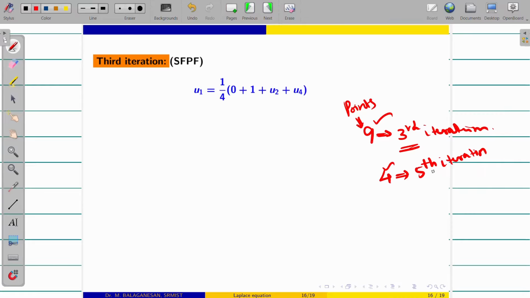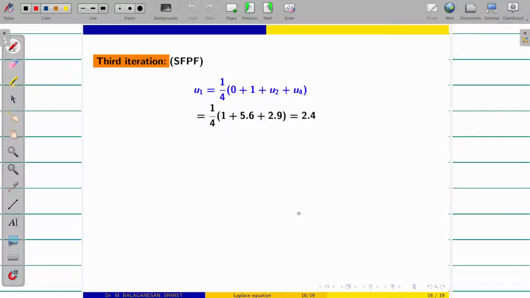Whatever the value you are getting there, just write it. That will be the final answer. A little bit it won't converge, no issues. Up to 5 iteration. Here up to 3 iteration. Not totally initial 1, 2, or 3 I have completed. Not like that. Up to 3 iteration, third iteration.